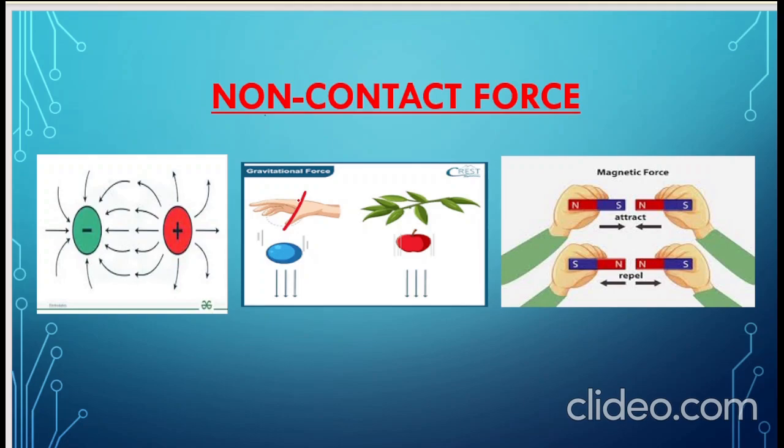There is gravity between them, or gravitational force between them. In the third figure, magnetic force. Force of attraction between two magnets. Here you can see there is attraction between opposite poles, south pole and north pole, and repulsion between two similar poles, that is north and north.